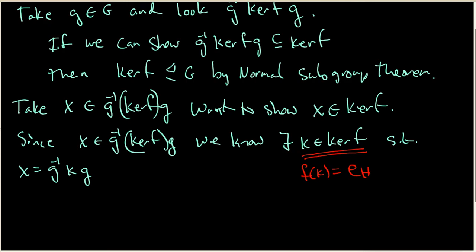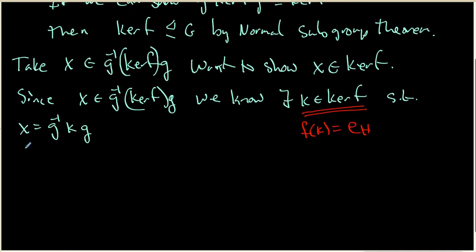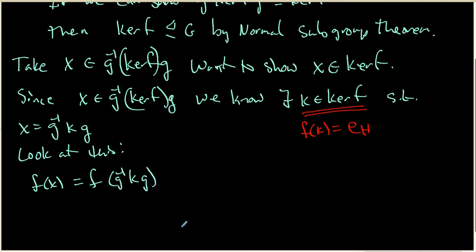So now I want to look at what happens to x under f. In other words, I want to look at f of x. Well, f of x is going to be f of g inverse times k times g, because x, of course, is g inverse k g.